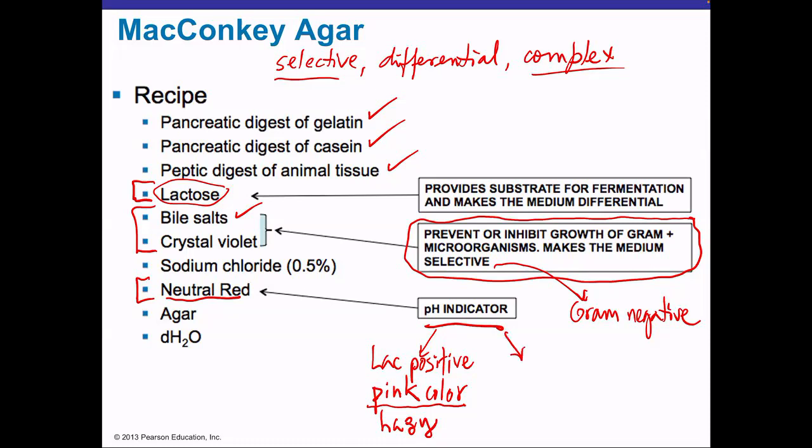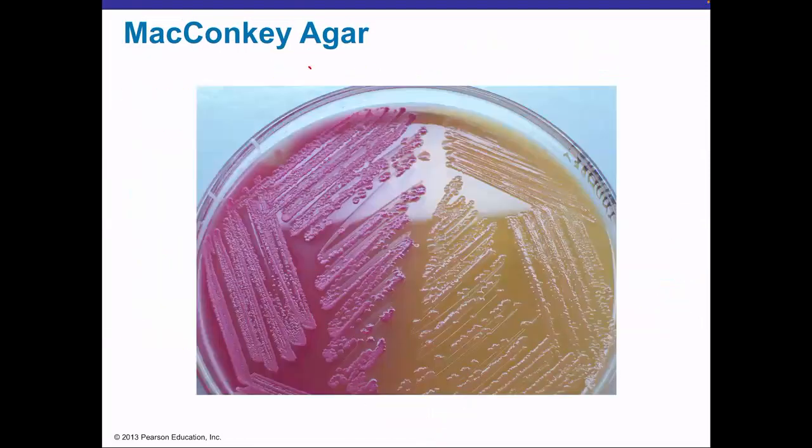Now, if the bacteria is not able to ferment the lactose, and here we are in the presence of lac-negative, gram-negative bacteria, then the organisms are unable to ferment lactose. They will form normal colored colonies, and you're not going to see this bright pink color, of course, because there is no acid being produced. Here you have an example of a lac-positive bacteria versus a lac-negative bacteria.